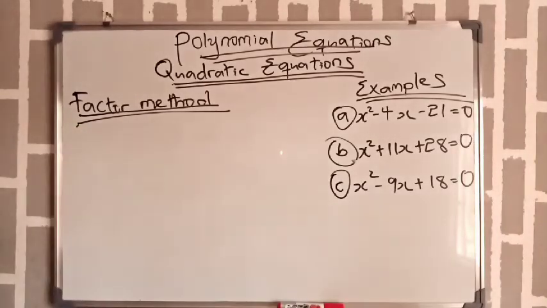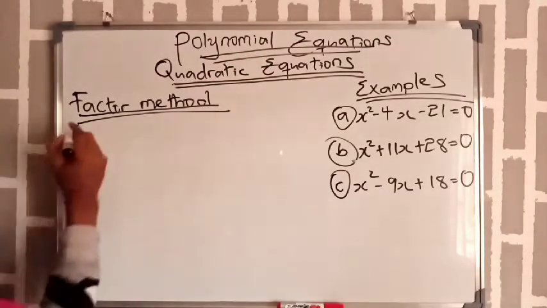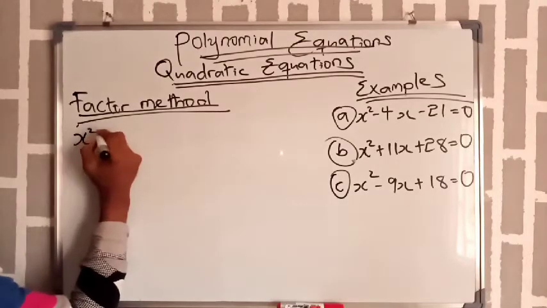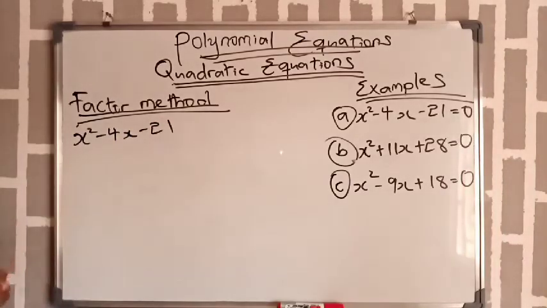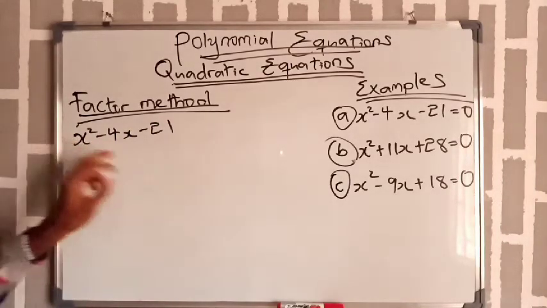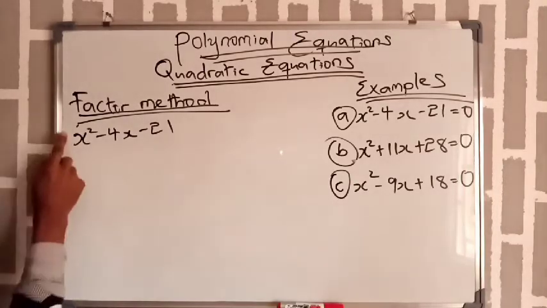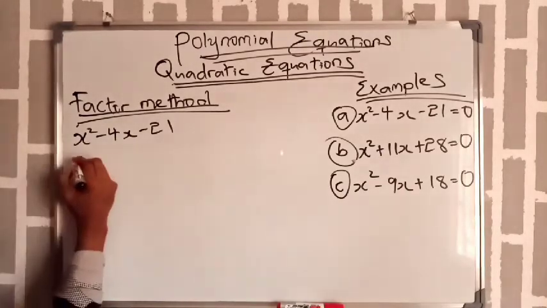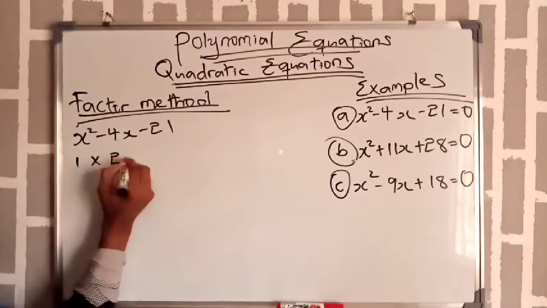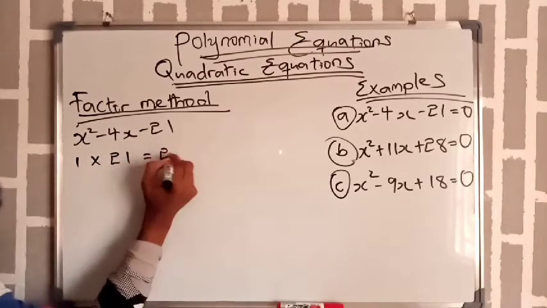So going with A now, in solving quadratic equations with the factor method, you have to find two numbers which, when you multiply them, give you the product of A and C. For example, 1 multiplying 21 gives 21.